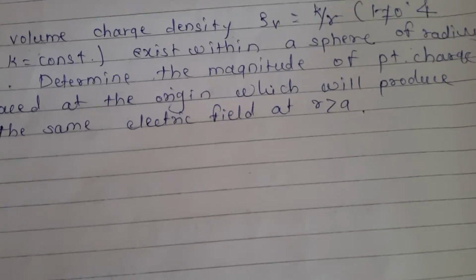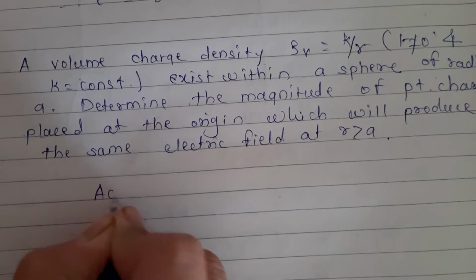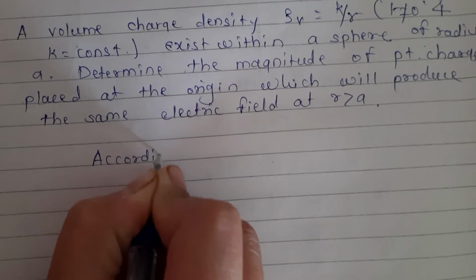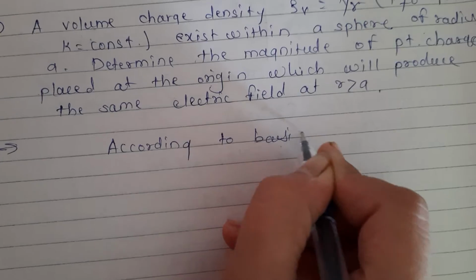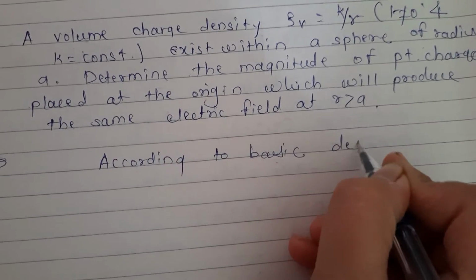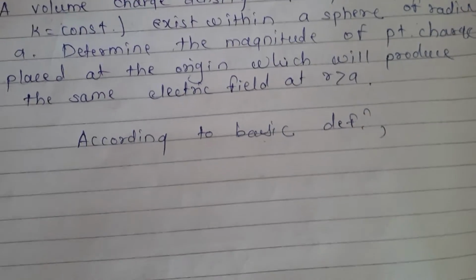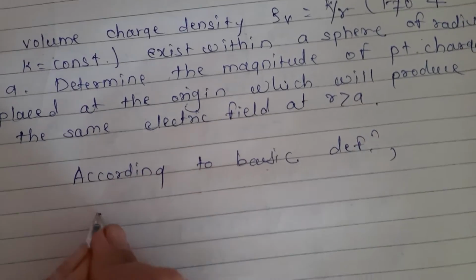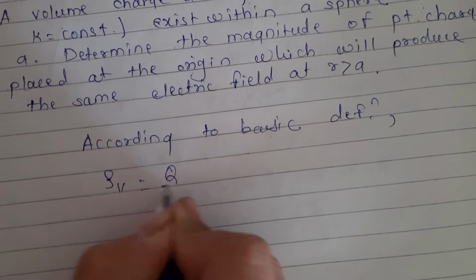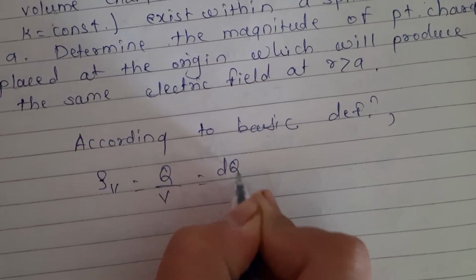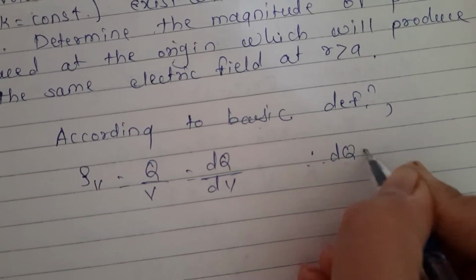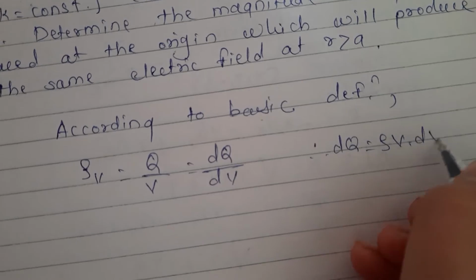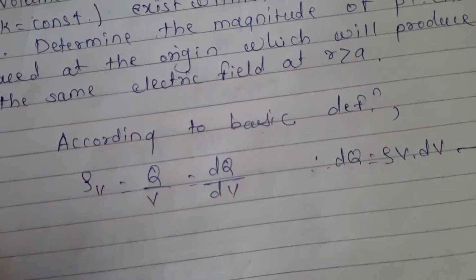Now according to the basic definition, rho v is equal to q by v, that is dq by dv. Therefore dq is equal to rho v into dv. This is equation 1.